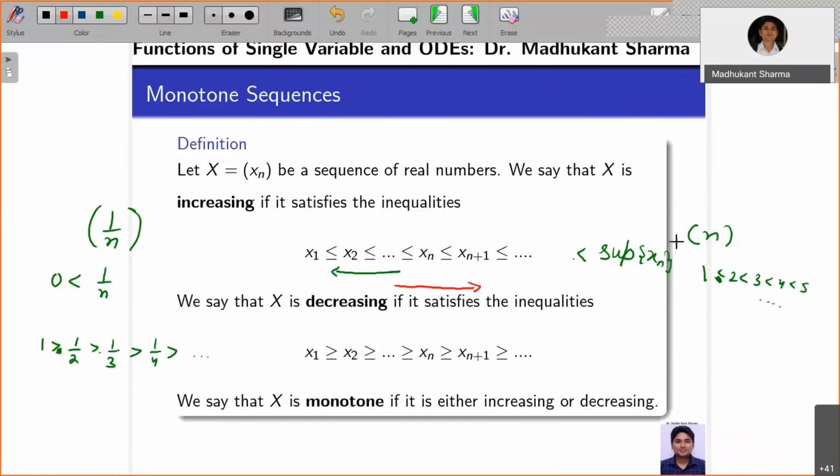Similarly, if you look at the behavior of a decreasing sequence, it will not converge to the largest value. As you increase n, you go towards minus infinity.